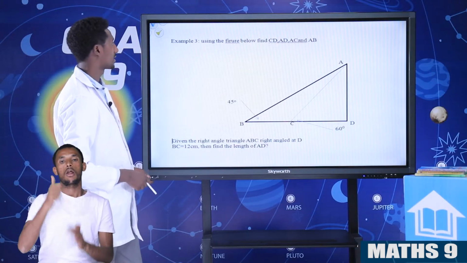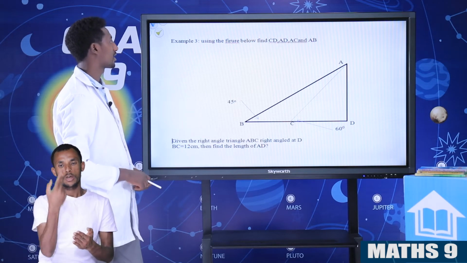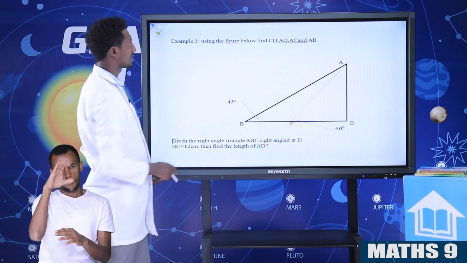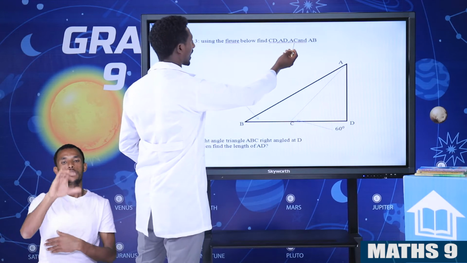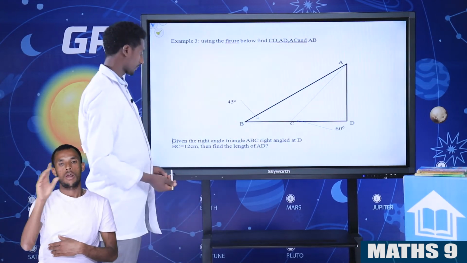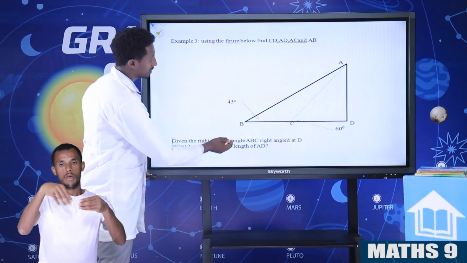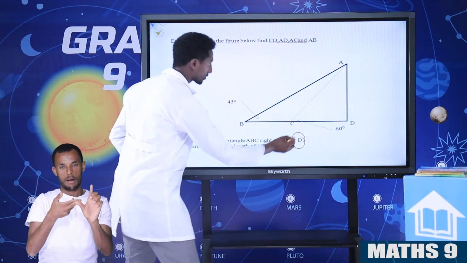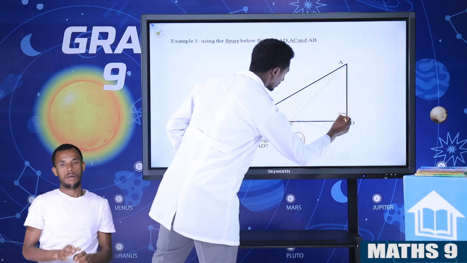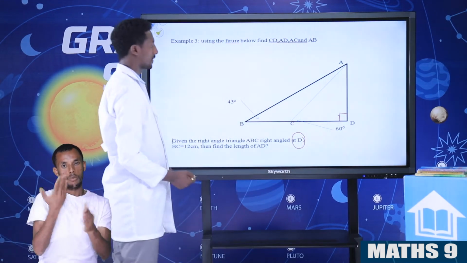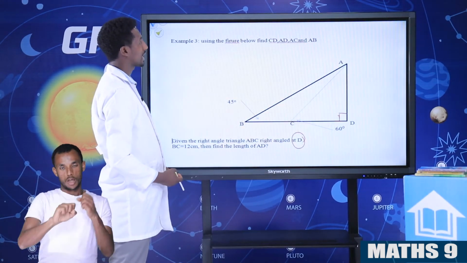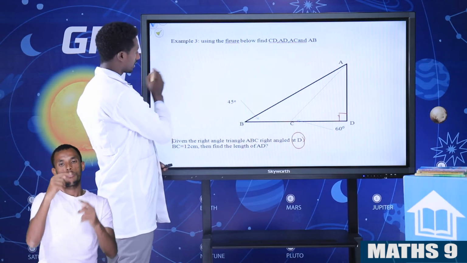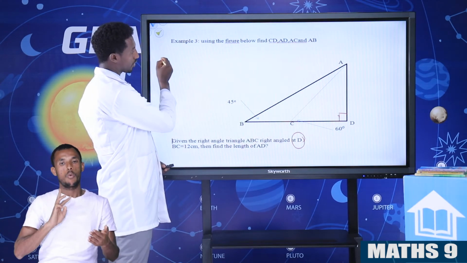Another example here: using the figure below, find these values CD, AD, AC, and AB. It's given that triangle ABC has a right angle at D. So here we can apply the idea of trigonometry.